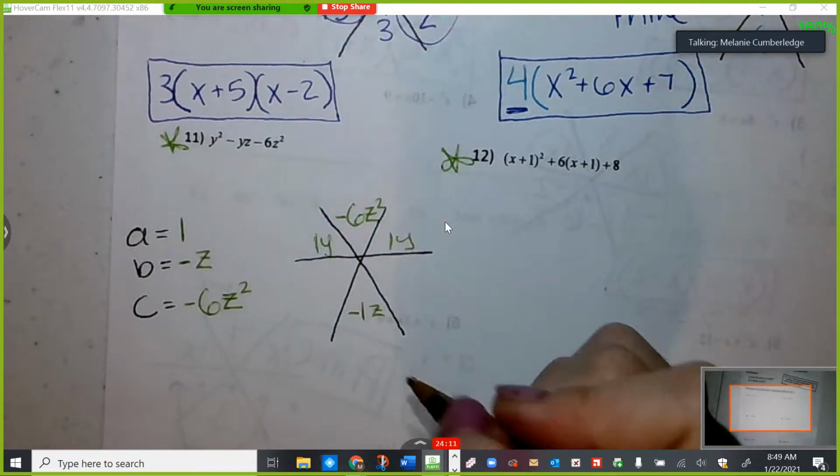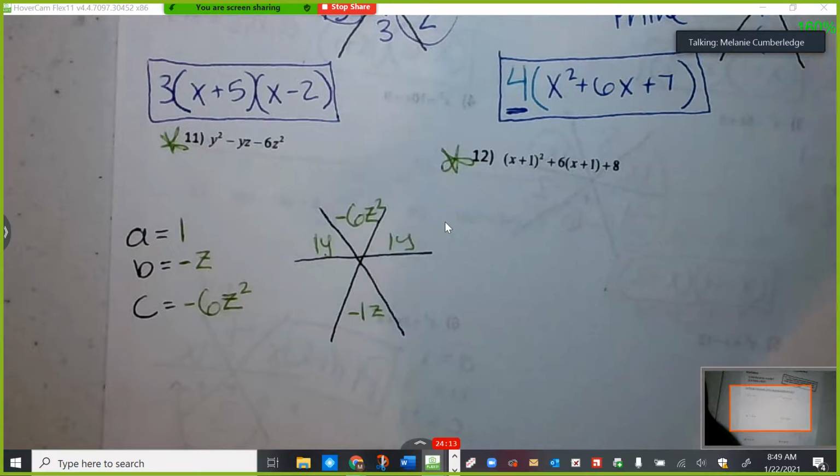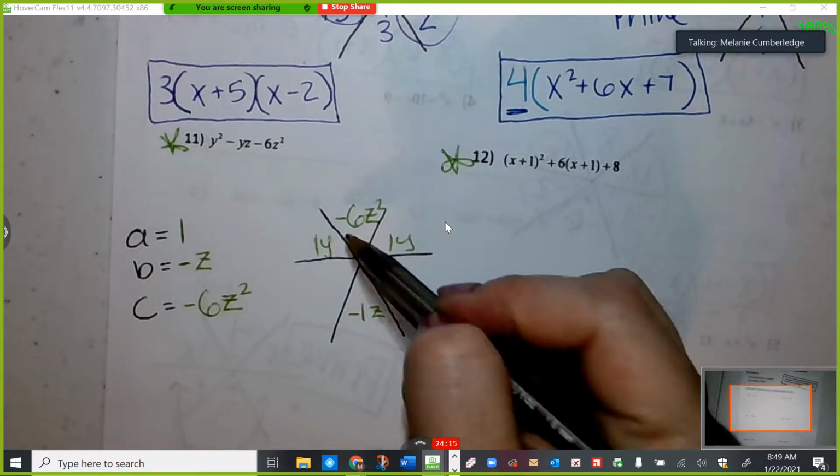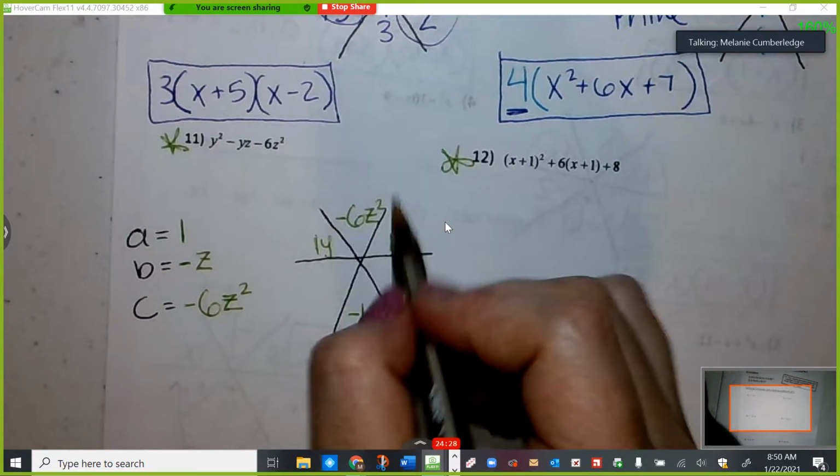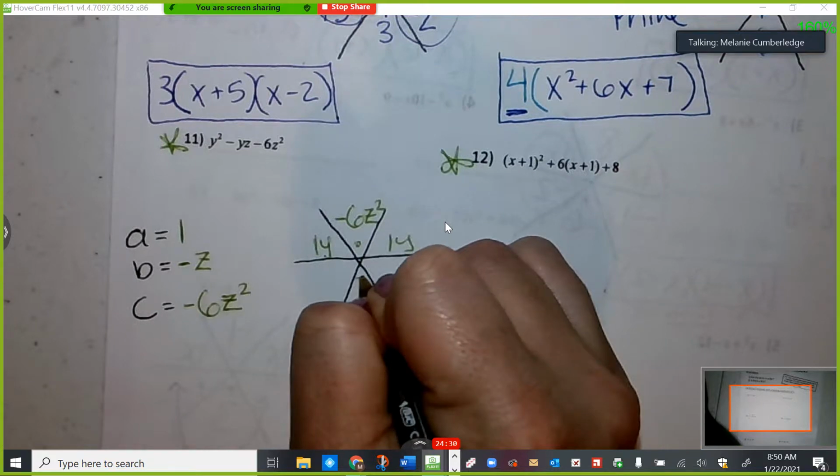What multiplies to give me negative 6? I'm ignoring the letters for right now. What multiplies to give me negative 6 but adds to give me negative 1?